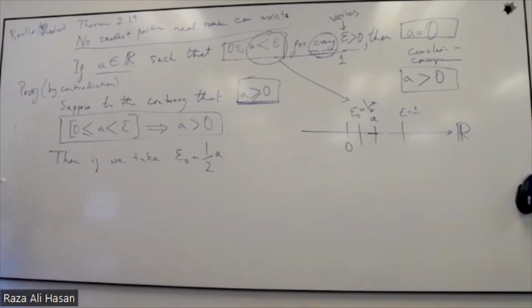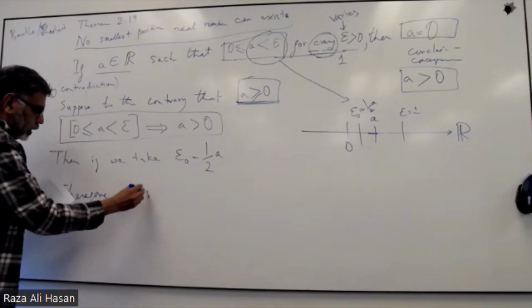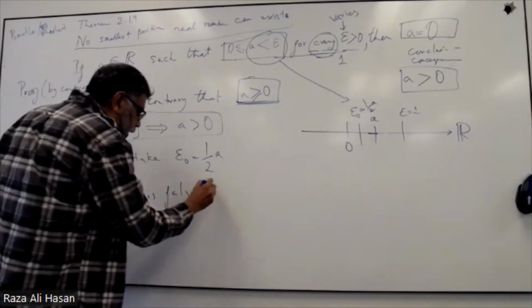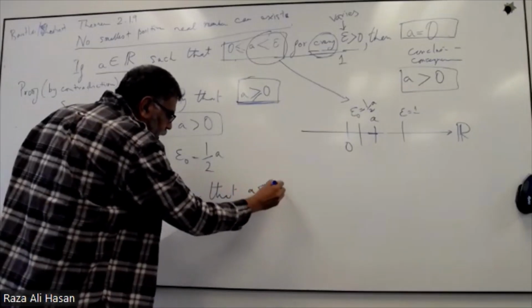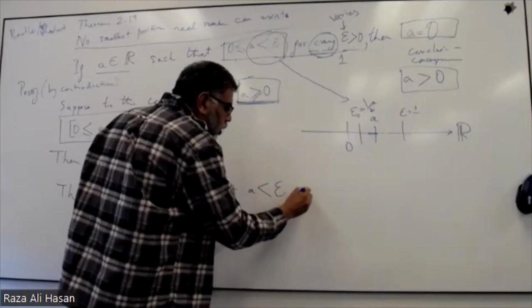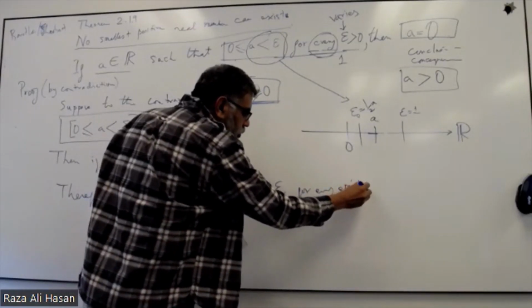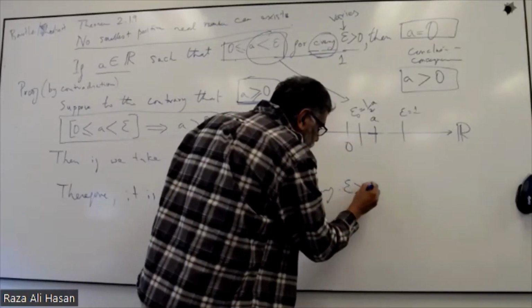Therefore, and this is the last line, therefore, it is false that A is less than every epsilon, for every epsilon. Actually, let me write it like this: greater than 0.